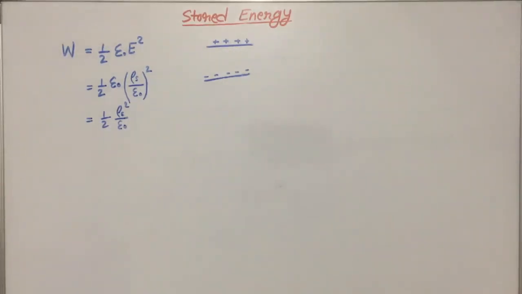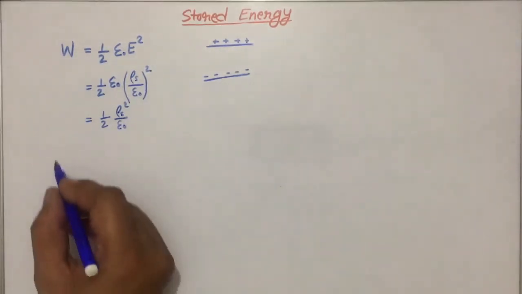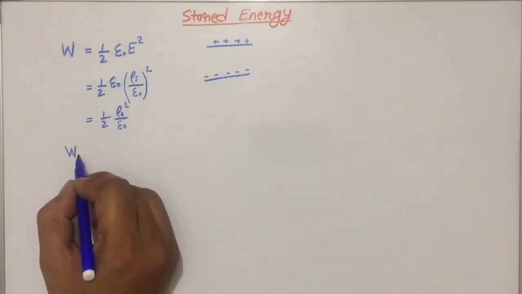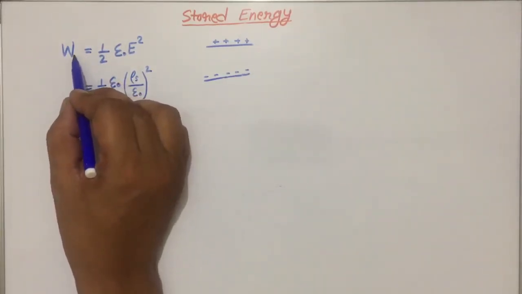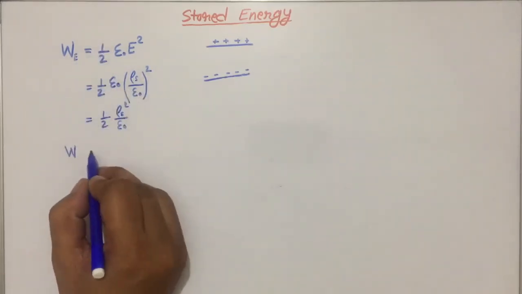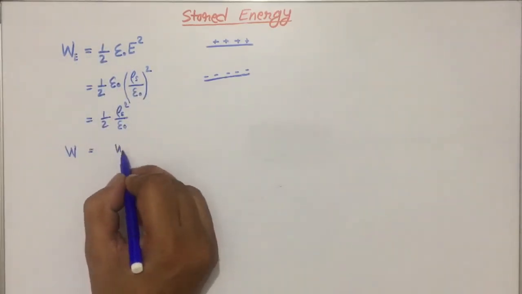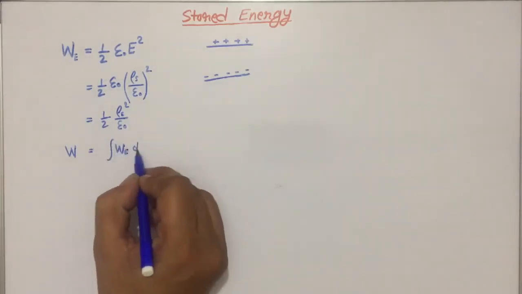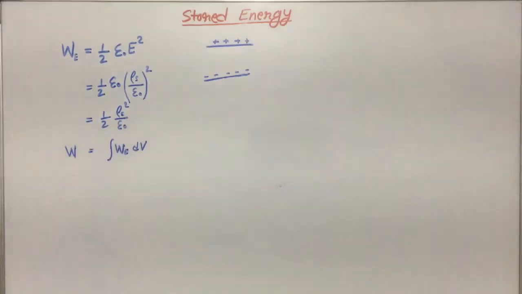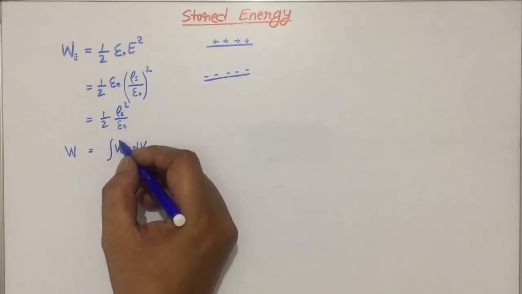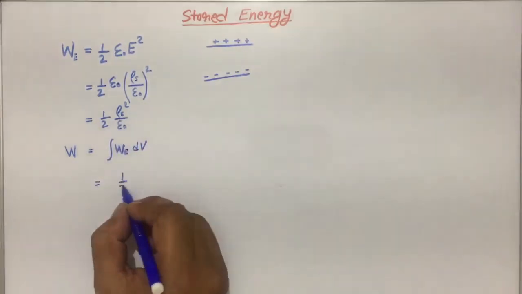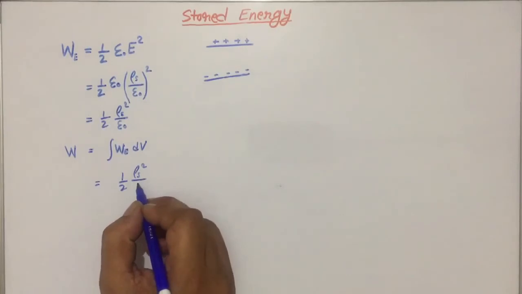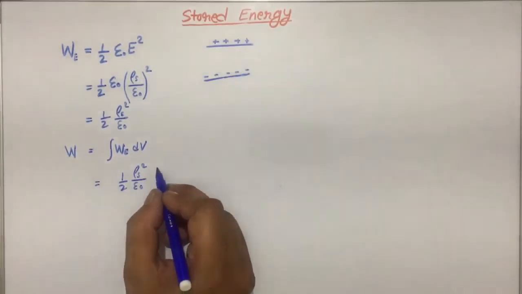Now if we require the total energy, then it is the energy density integrated over the full volume. It will give us the total energy in the capacitor. Putting the value of WE from there, it can be half rho s square by epsilon naught dV.